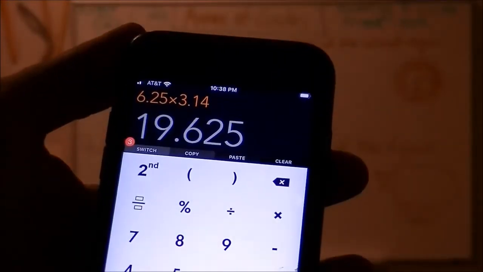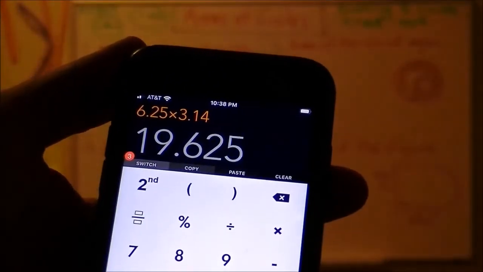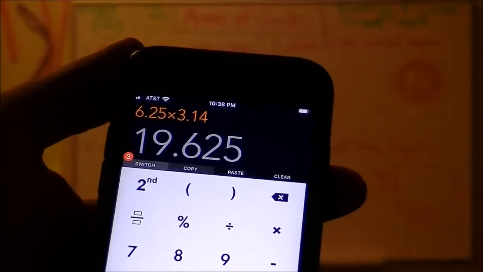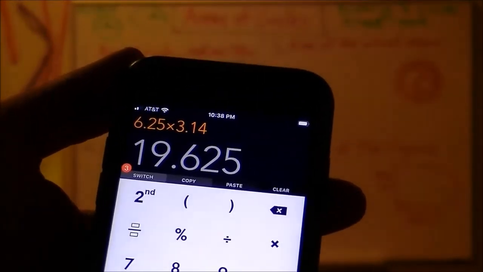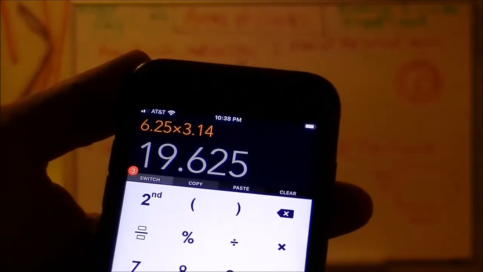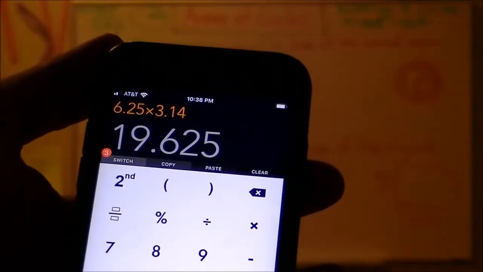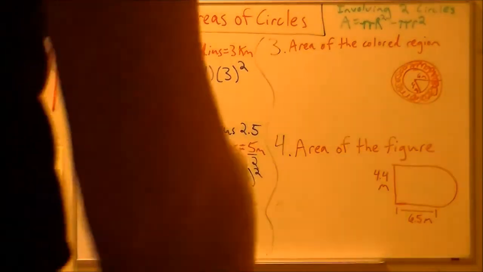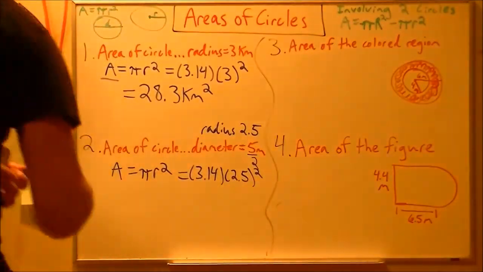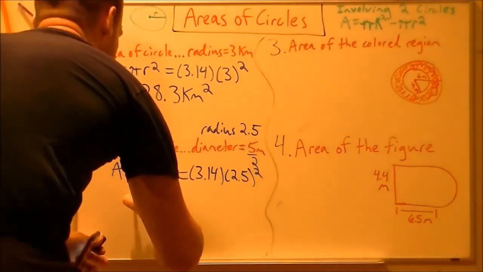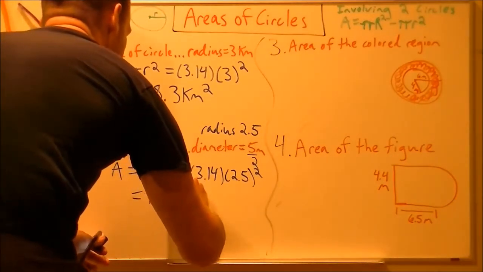And what's my answer going to be? To the nearest tenth, which is 1 decimal place, 19.6. Does that 2 make me go up or stay where I am? I stay where I am, don't I? At 6. So my answer is 19.6. The area of this circle is 19.6.